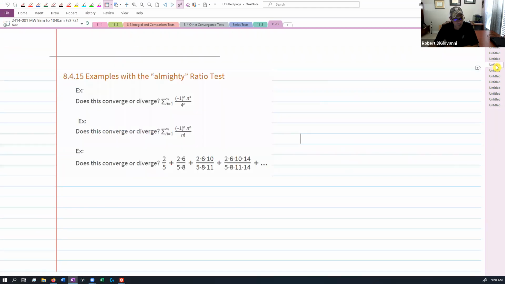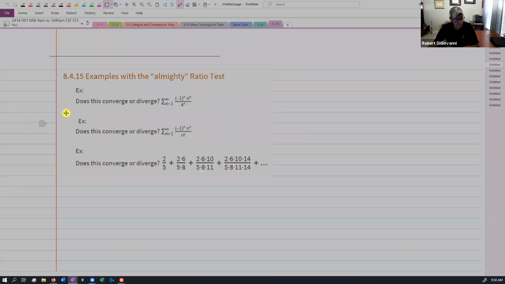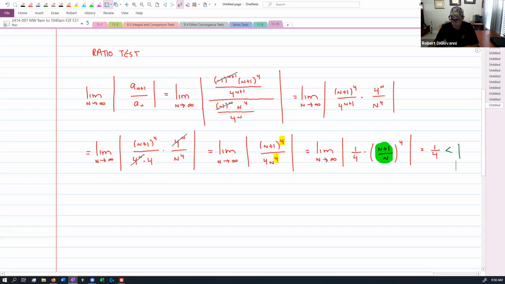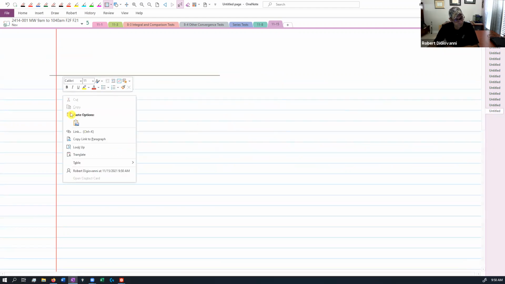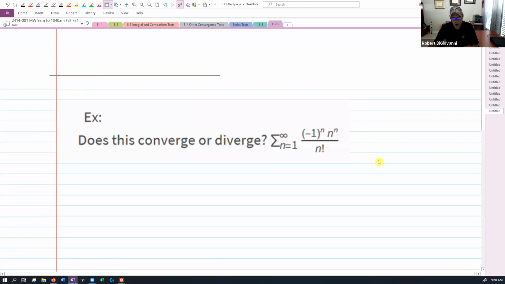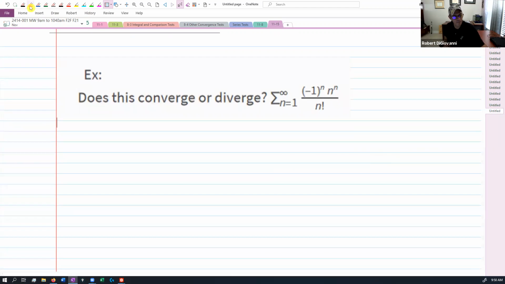Where's the next one? All right, why don't you try this one? Get it set up. See if you can get at least the limit set up. Limit as n goes to infinity of the absolute value of a sub n plus 1 over a sub n. Let me give you a few minutes, see how far you can take this one.